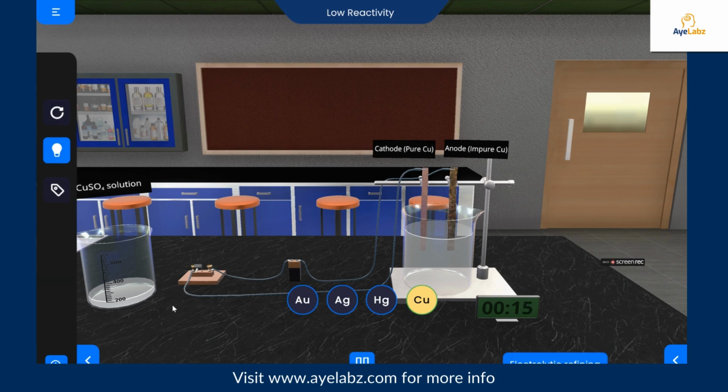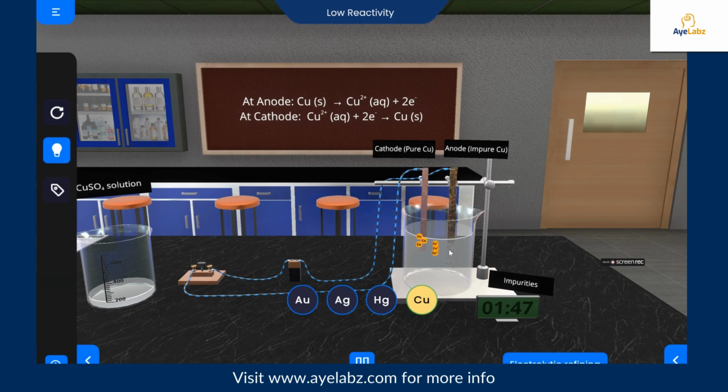I am clicking on the key to add the power supply to the container, and the anode and cathode reactions are given here. As you can see, the impure copper is getting depleted and the pure copper is getting deposited on the cathode side.